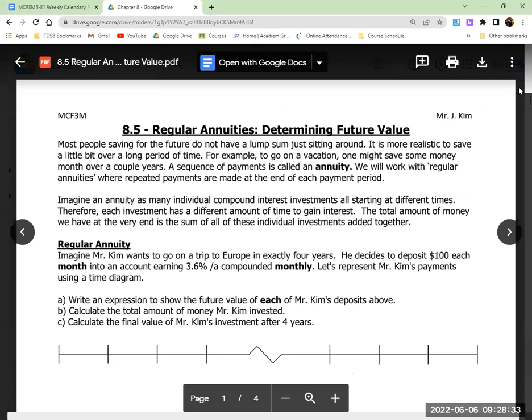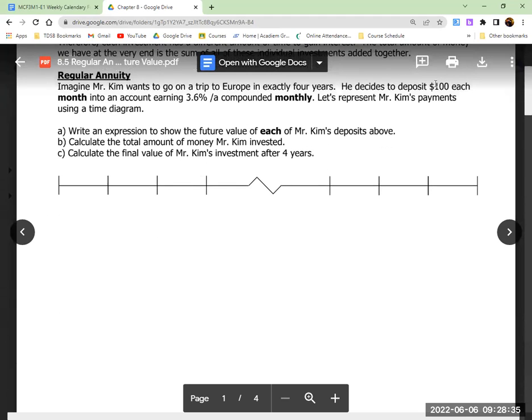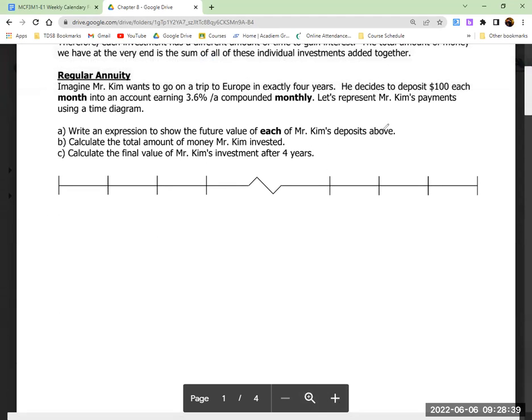Okay. Imagine Mr. Kim wants to go on a trip to Europe in exactly 4 years. He decides to deposit $100 each month into an account earning 3.6% compounded monthly. Let's represent Mr. Kim's payments using a time diagram. A couple of things I am going to do for you as a heads up.